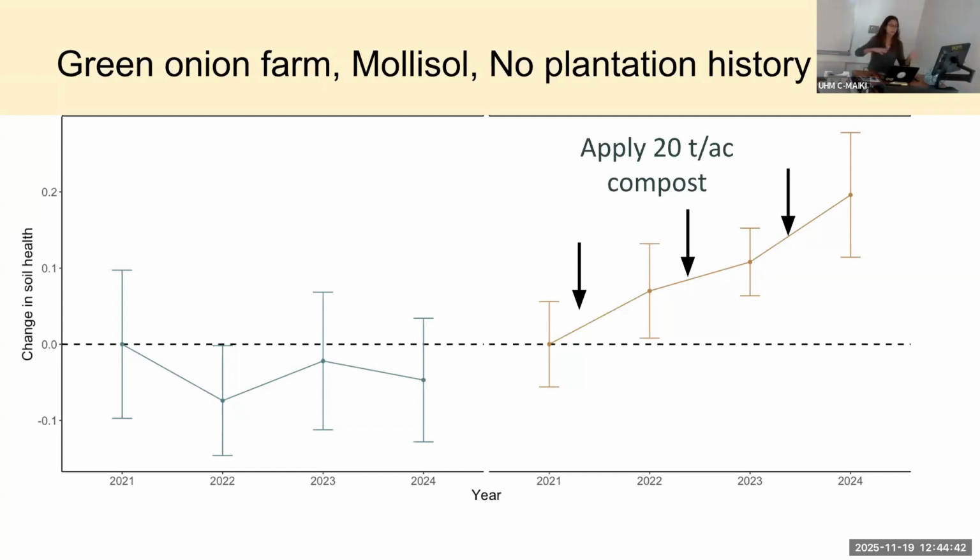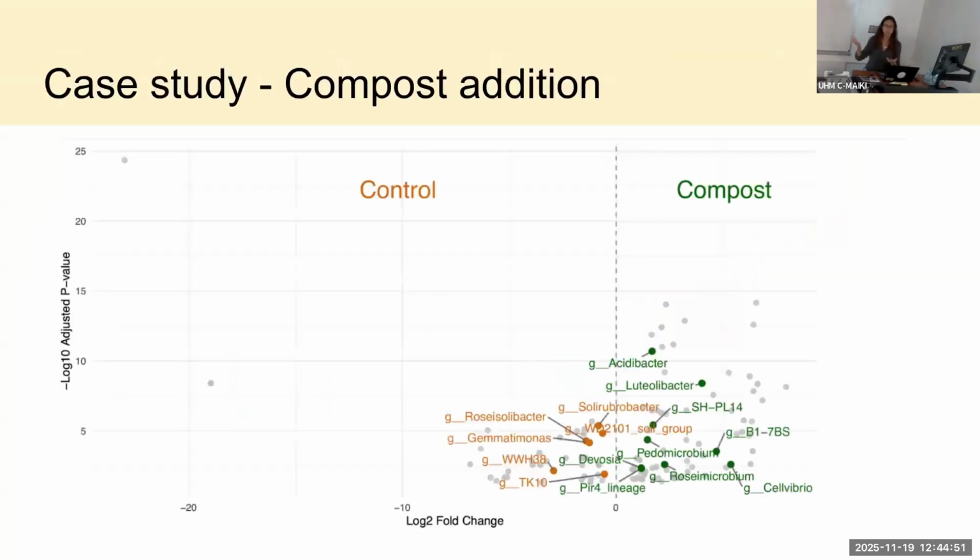And what we found is that, as we saw the shift in the soil health scores, there was a similar pattern with the soil microbial index. But what we saw is that many of the bacteria genera that are enriched in the samples that received compost are part of the high soil health score group, the genera that I presented before that we used to create the index.